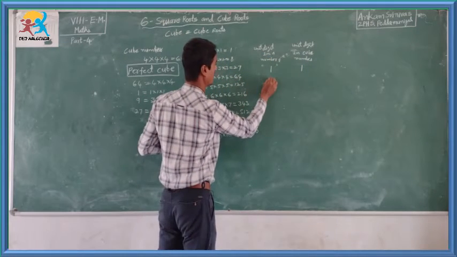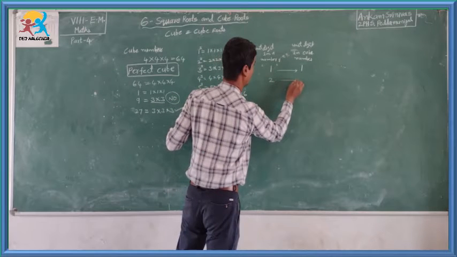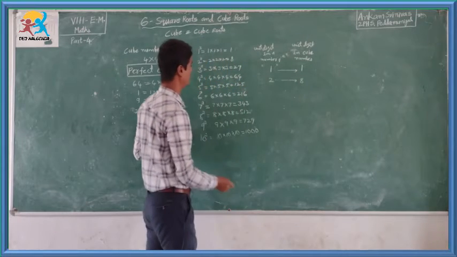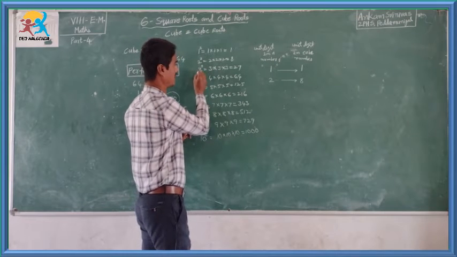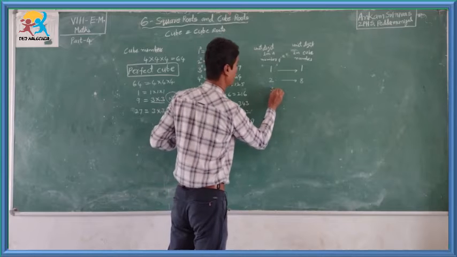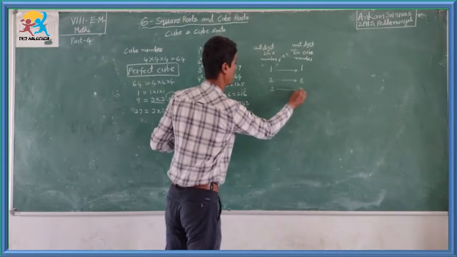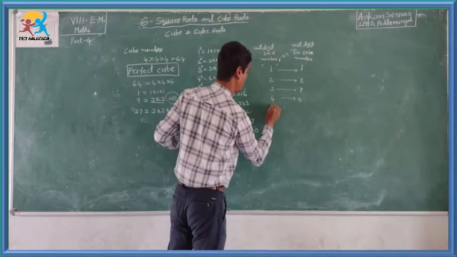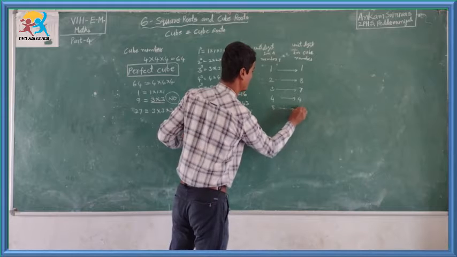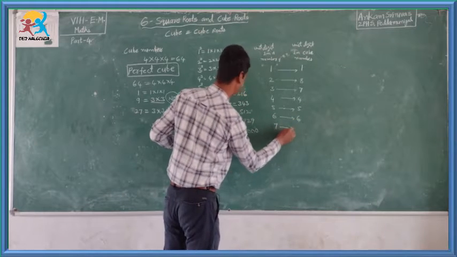For 2, the cube's unit digit becomes 8. If the unit digit of a number is 3, then the cube's unit digit becomes 7, and 4 becomes 4, and 5 becomes 5, and 6 becomes 6.